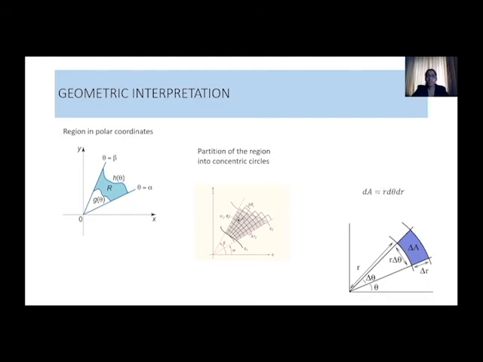Most of the time we tend to forget this r, just keeping in mind that dA is dx dy, so dA in polar coordinates should be dr d theta.